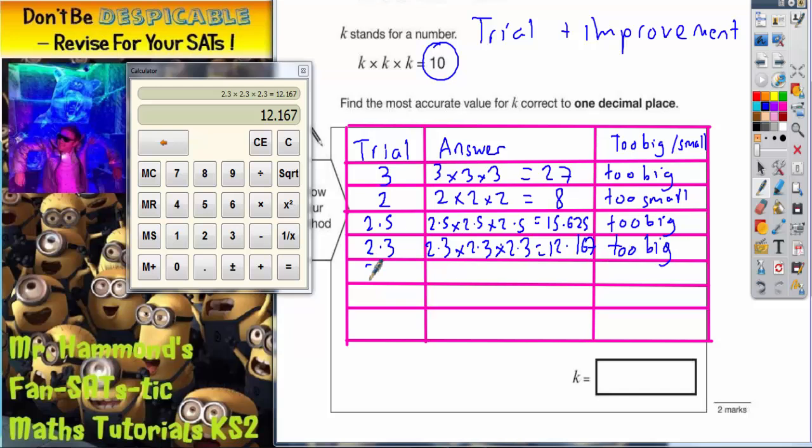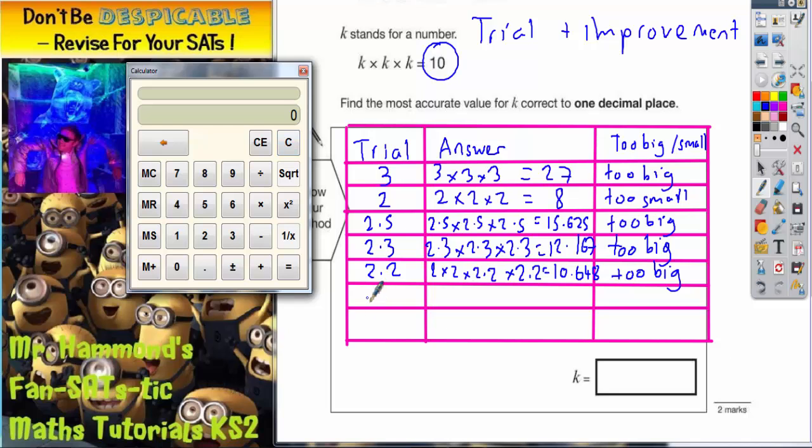So let's drop it a little bit to 2.2. 2.2 times 2.2 times 2.2 is 10.648. And this is still too big because we're trying to make 10.